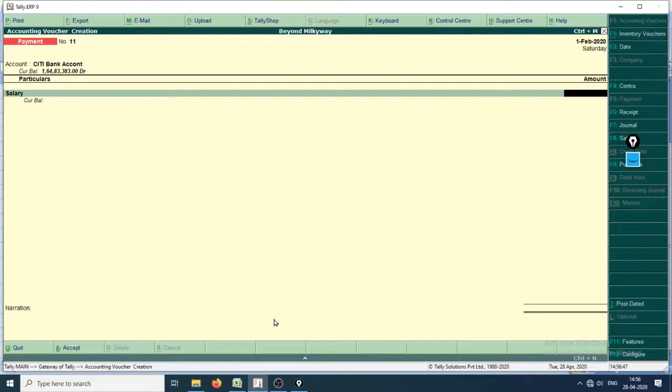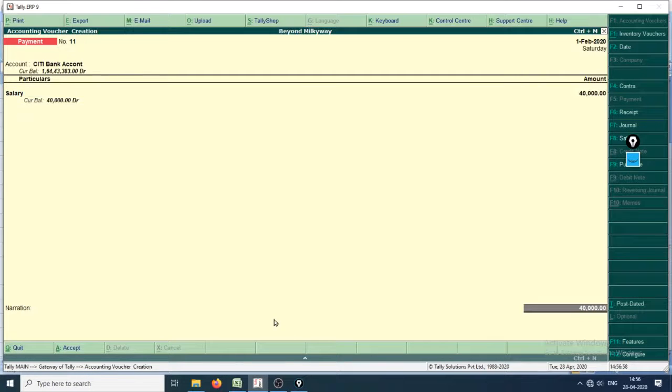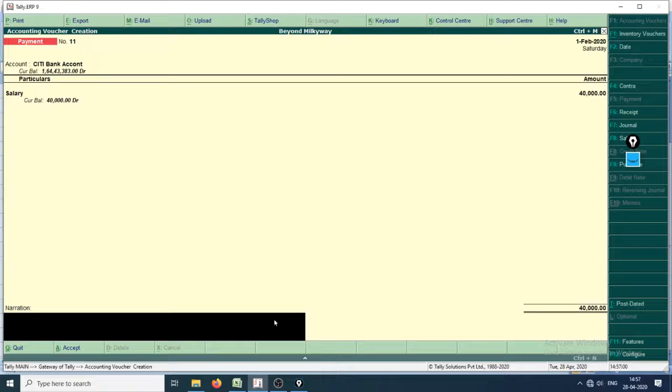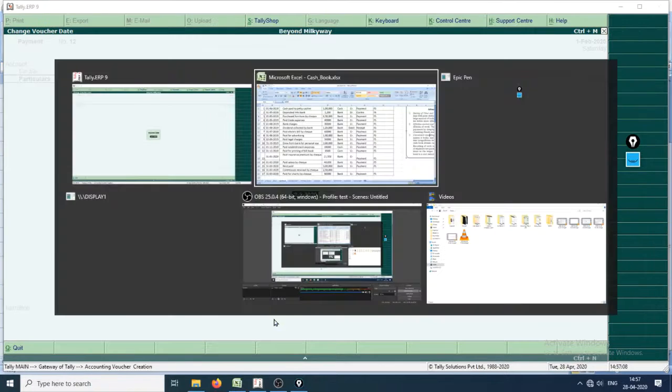If we have paid salary to the factory staff and laborers, then it is considered as wages, hence it is a direct expense. 40,000. Paid salary, enter.